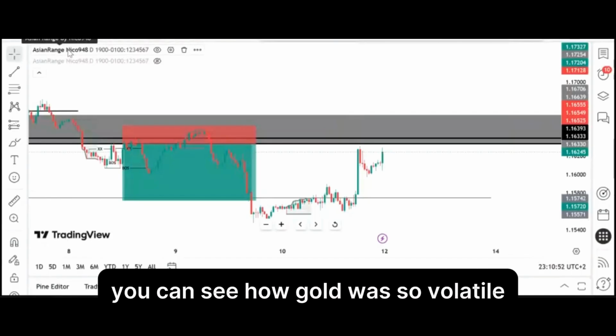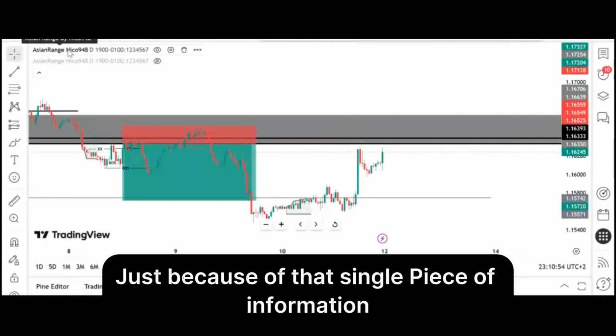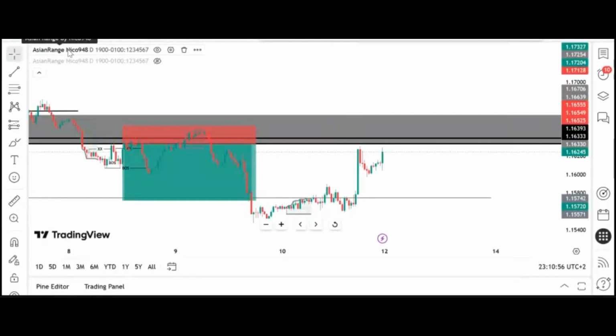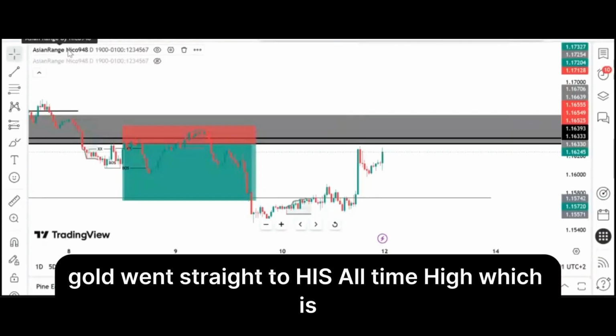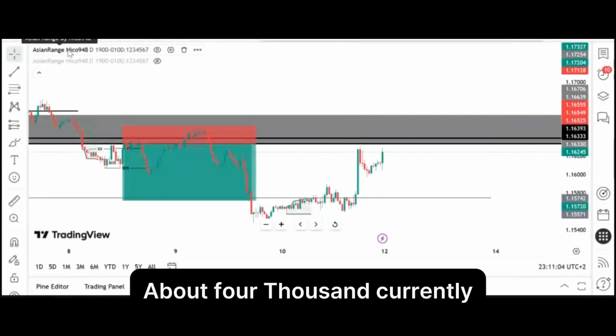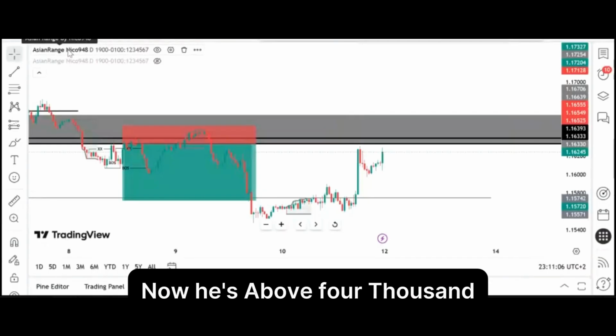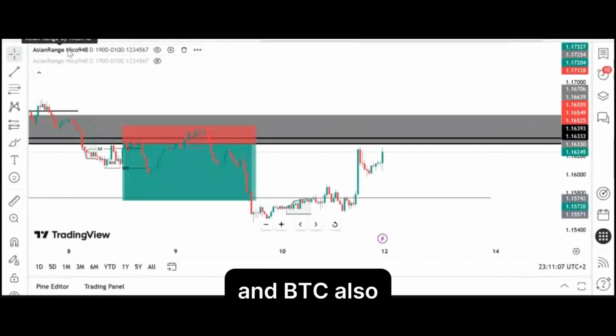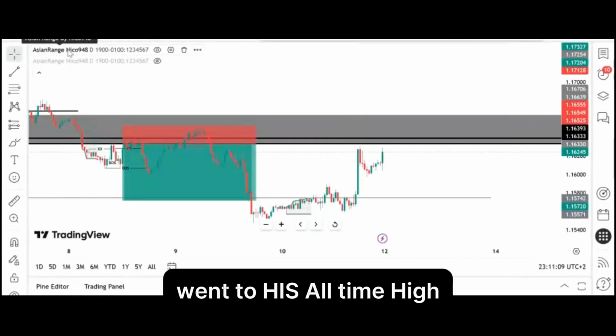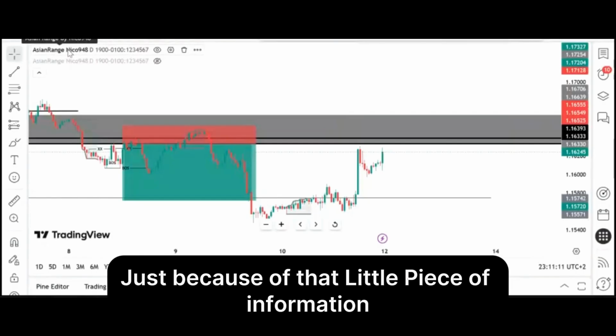You can see how volatile gold was just because of that single piece of information that the US economy is being shut down. Gold went straight to its all-time high, which is above 4,000 currently, and BTC also went to its all-time high just because of that little piece of information.